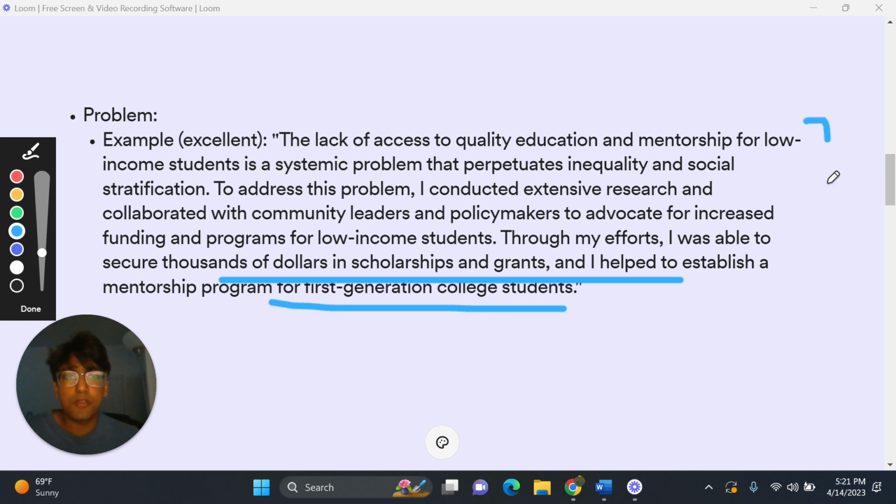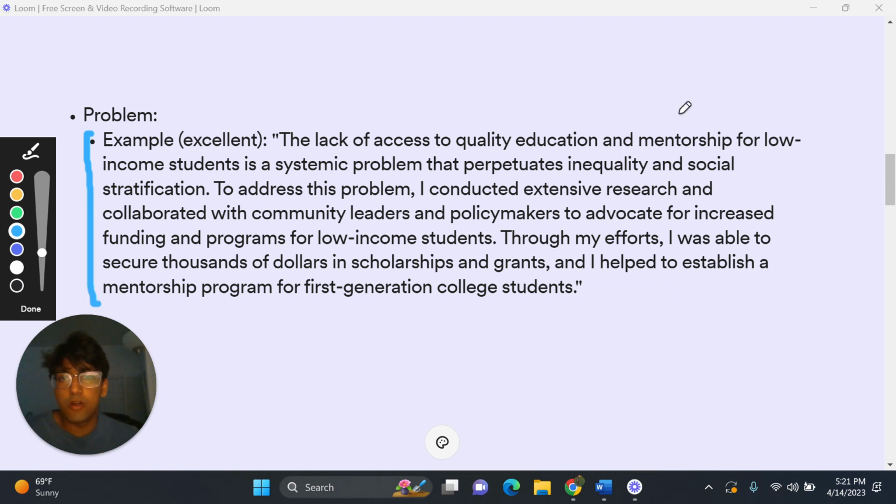So you can see that this person is not wishy-washy about the problem they're looking at. They've already taken some actions, they've secured thousands of dollars in scholarships and grants, and they've helped create a mentorship program. And so this is obviously something that's very important to them. It's not just something that they think about, but something that they've taken action on.